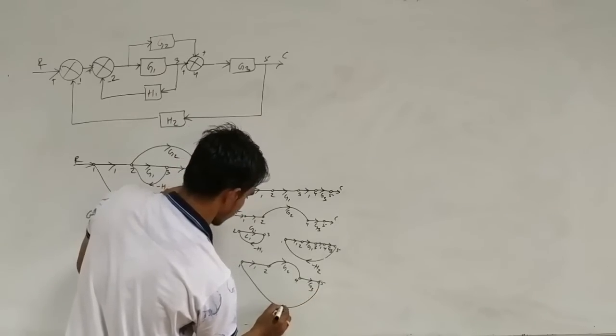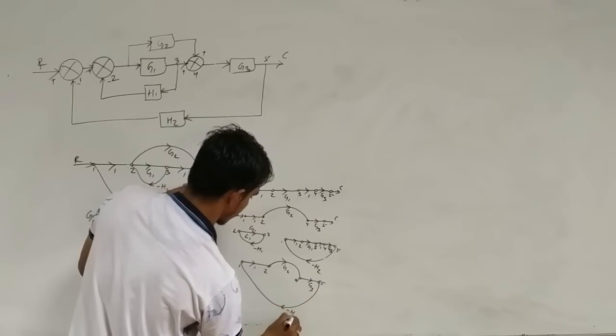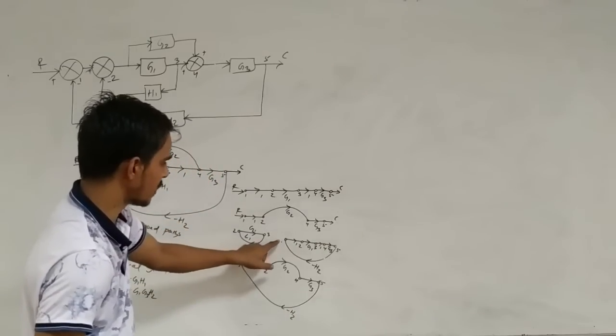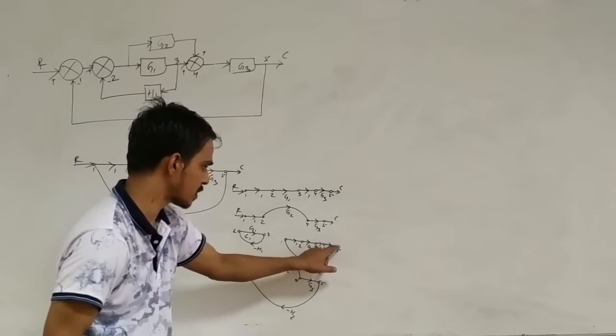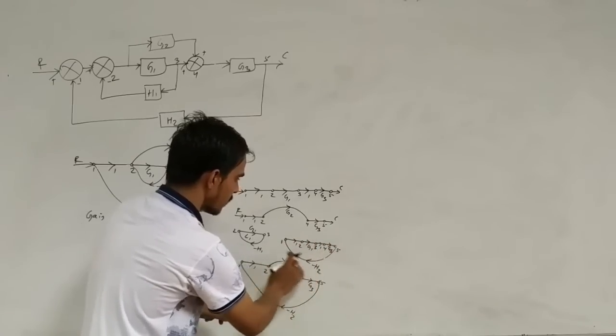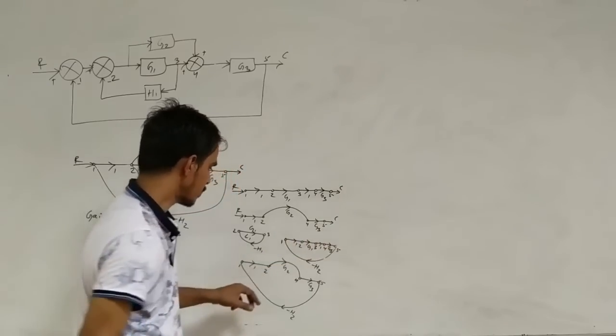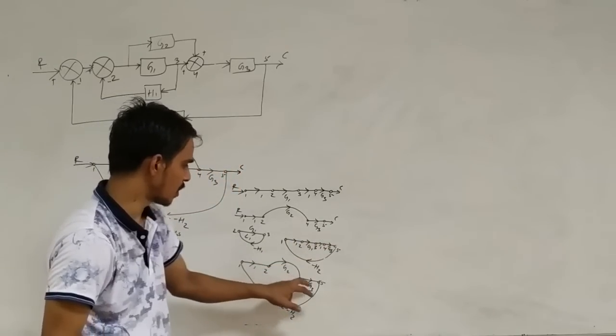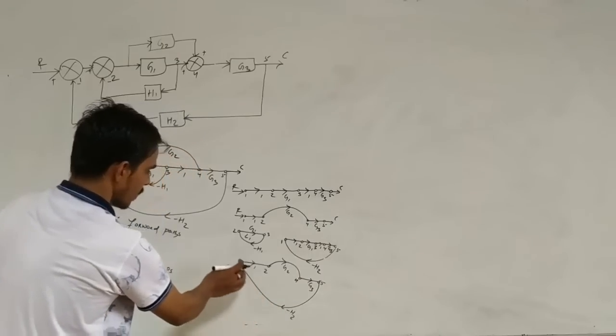This is, because input and output are not considered, because the signal is coming from 1 to 5, no need to consider R and C here. Okay, similarly here also no need to consider R and C, input and output.